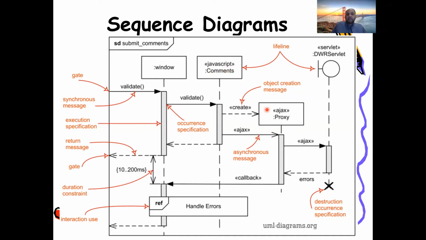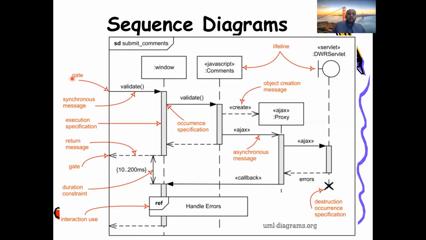On the other hand, this object is being created at this point in time. Also note that time moves from top to bottom. So it means that the message which is at the top, for example, validate message, is the first message. And this message, which is a return message, is the last message. So time moves from top to bottom.